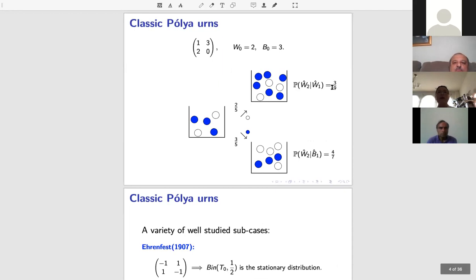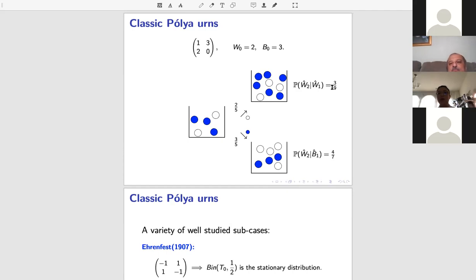Just a very simple numerical example to show the path-dependent feature for a classic Pólya urn. Suppose we start with 2 white and 3 blue balls in the urn. At our initial attempt, we have 2/5 probability to sample a white. If we're on the white path, we will add 1 white and 3 blues into the urn, so that given that we are on the white path, our probability of sampling white in our second attempt will be 3/9.